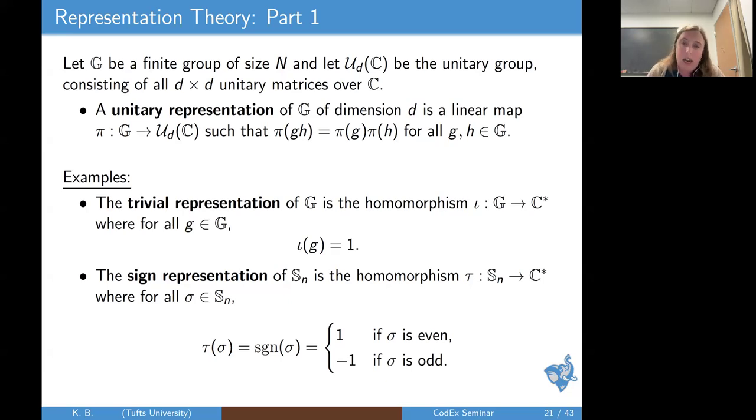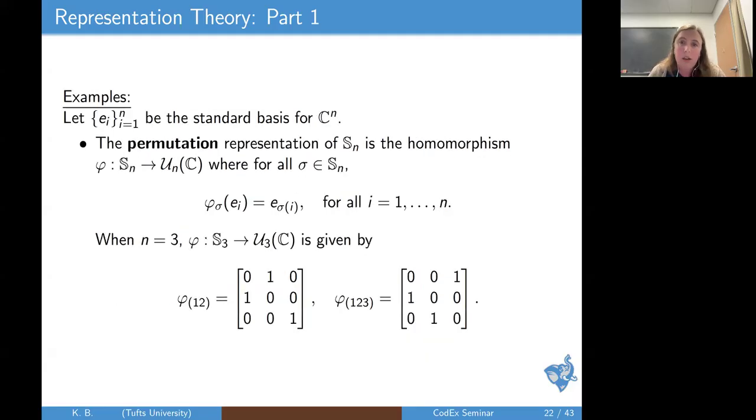So let's see a higher dimension representation that might be a little bit different than just those one-dimensionals. Okay, so we have C^n, and we're going to take the standard basis, our e_i's. The permutation representation of the symmetric group is a homomorphism. It's going to be of the same size as n.